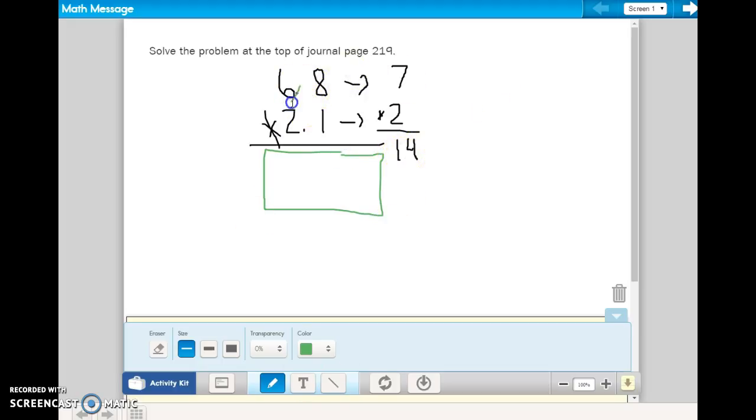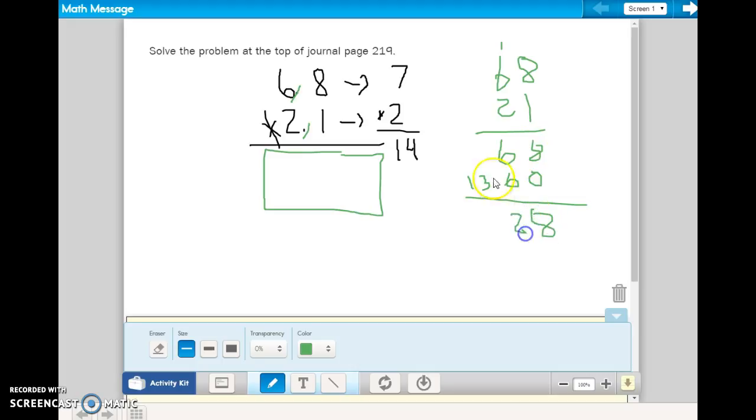So let's now drop those decimals off and do 68 times 21. 8 times 1 is 8, 6 times 1 is 6, bring a 0 in, 8 times 2 is 16, 6 times 2 is 12, 13. So we have 1428.